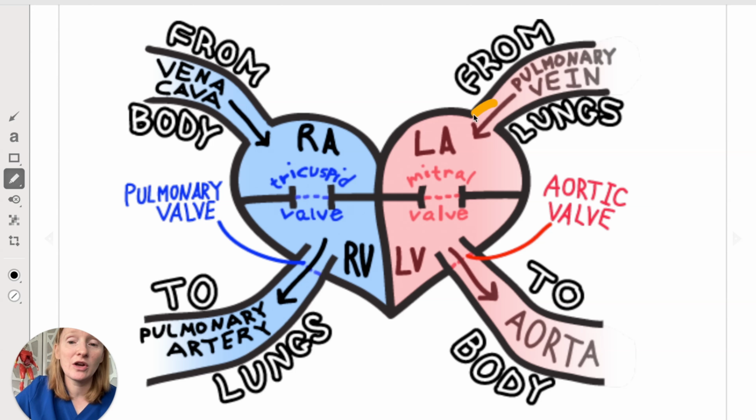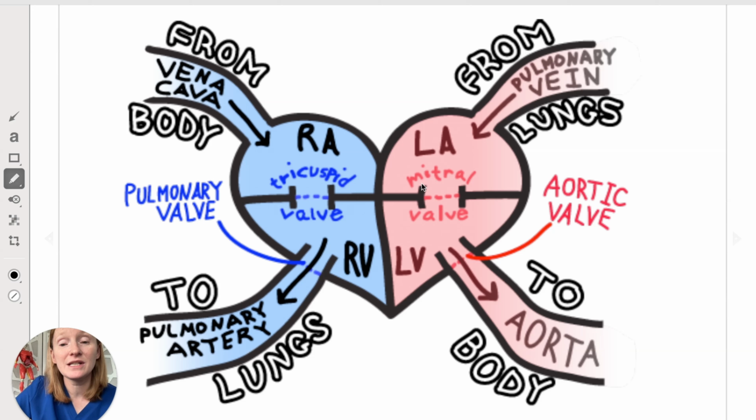Now, from here, it goes into the left atrium, our LA, which is our mirror of the right atrium, and it's going through the mitral valve. So here's the thing with the mitral valve. The mitral valve actually has two names that we call it. The mitral valve is one name. The bicuspid valve is the other. And if you look at the root word for cuspid, you can quickly see that just like we have tricuspid over here, bicuspid is a root word that means two, and it tells us how many flaps are on this valve.